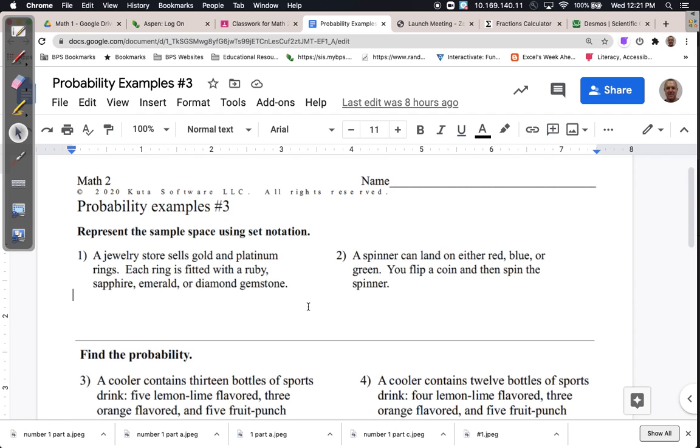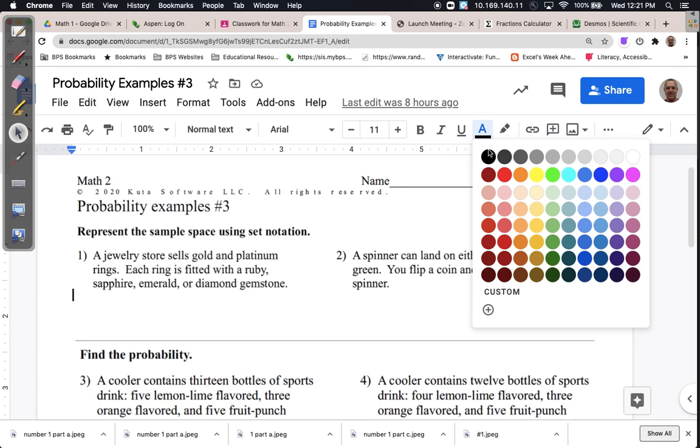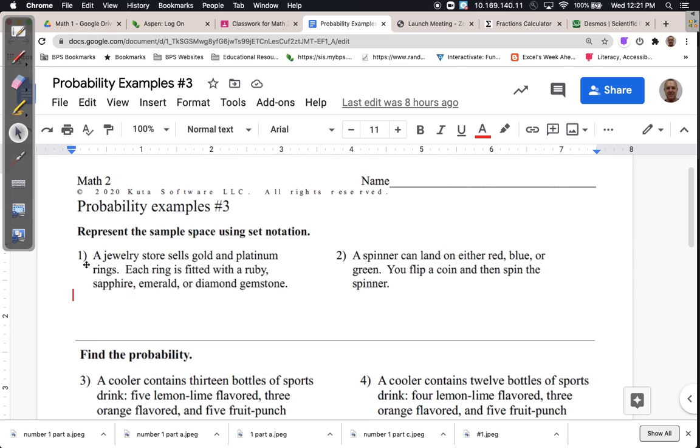All right, there's going to be 6 probability problems and 2 problems where I ask you to list a sample space. All right, so reading number 1 together, it says a jewelry store sells gold and platinum rings. Each ring is fitted with a ruby, sapphire, emerald, or diamond. And we want to represent the sample space, which means the whole number of ways that I could pick a ring.